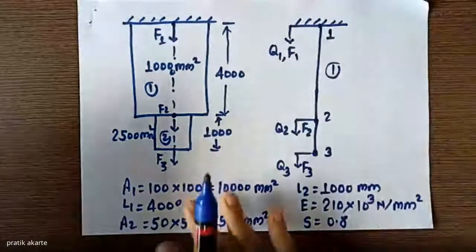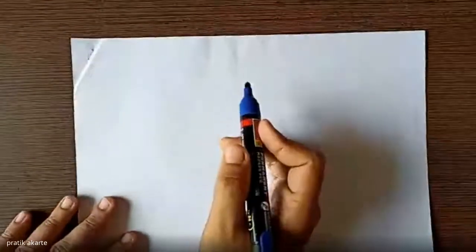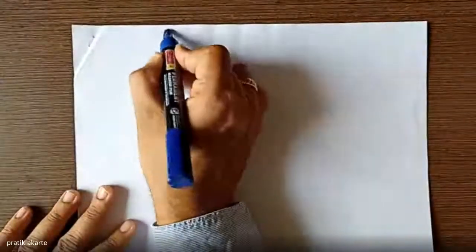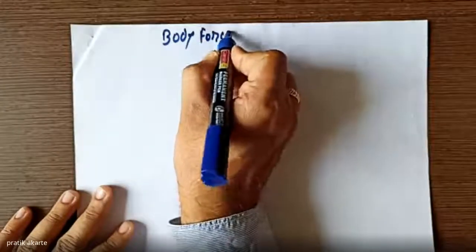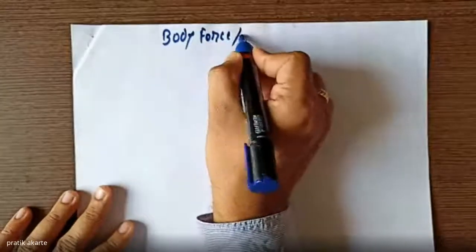So first step, now I need not tell you that your element connectivity table. First, we'll write something about the body force, which again we can calculate as body force per unit volume.